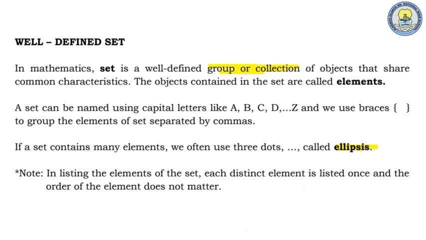Take note, just once. And the order of the elements does not matter. Pwede magkarambola, di mag-arrange, okay lang. Basta, isa lang ang dapat mailista sa kanila. Hindi na dapat repeated. Once lang. Okay? Good. Let's proceed.